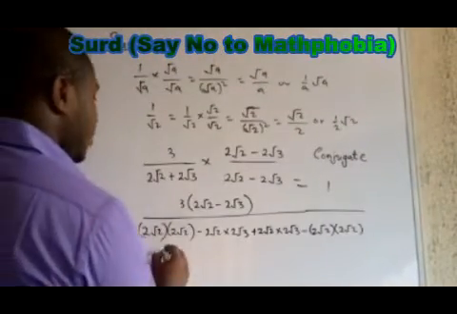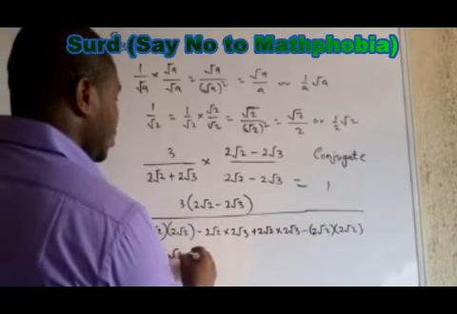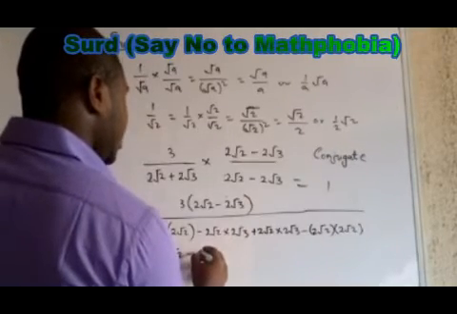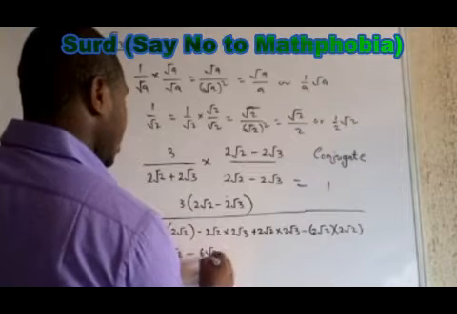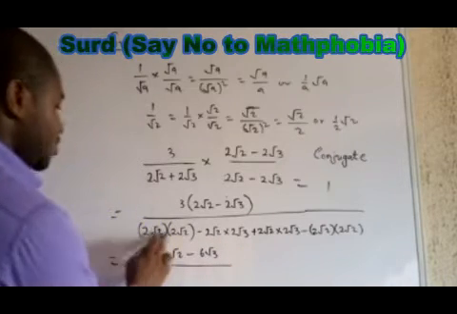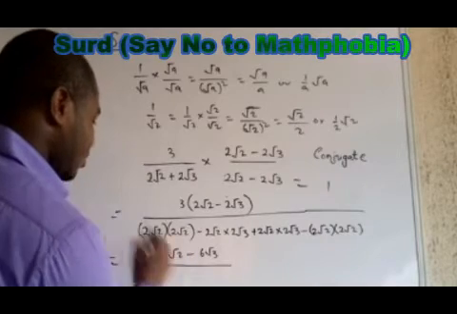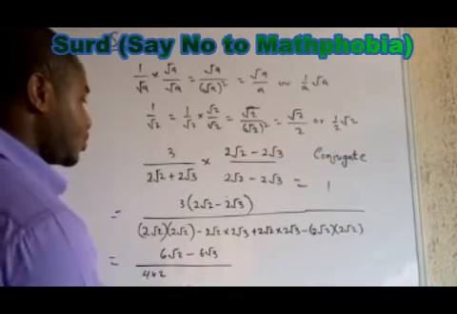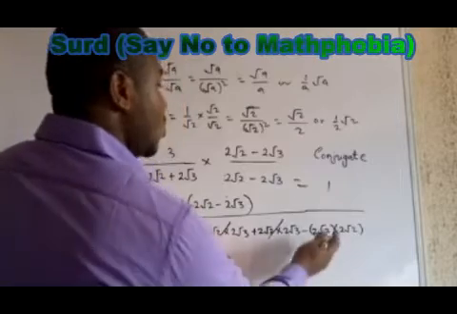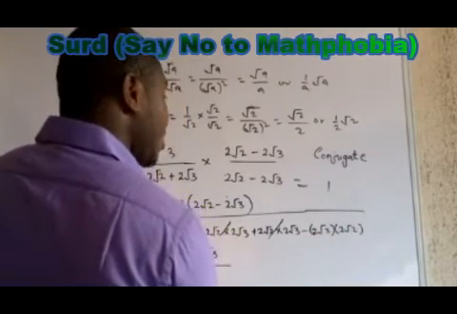So you have 6 root 2 minus 6 root 3 upon this multiplied by this, you have 4. This multiplied by this, you have 2. This will go. Then we have this multiplied by this, you have minus 4.